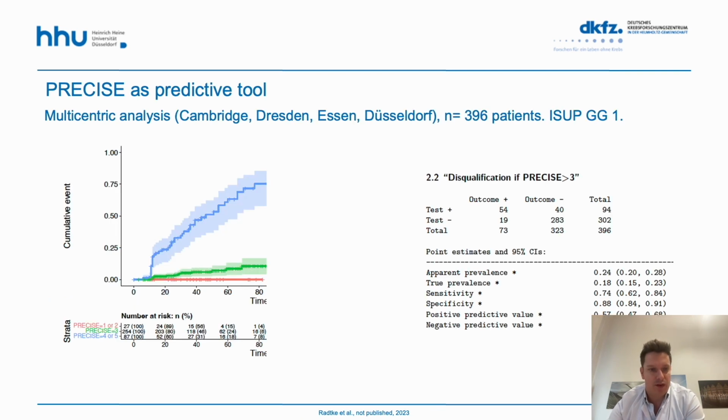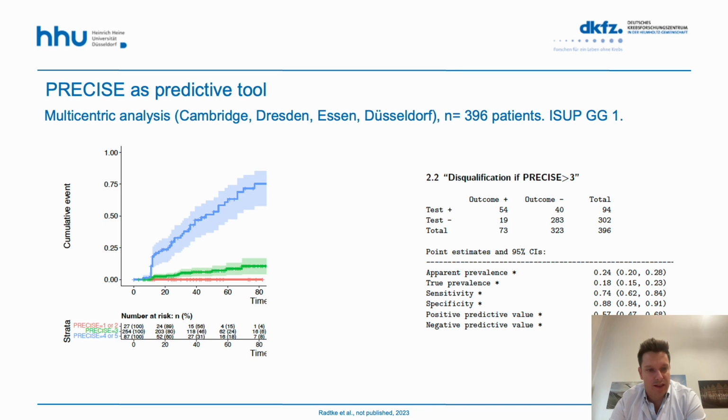Some other data from our group, a multicentric analysis from Cambridge, Dresden, Essen and Düsseldorf. 369 patients were included with ISUP grade group 1 cancer, and the question was, does PRECISE scoring work? Yes, it does. As you can see on the left side, this is the progression rate when a PRECISE score of 1 or 2 occurs.